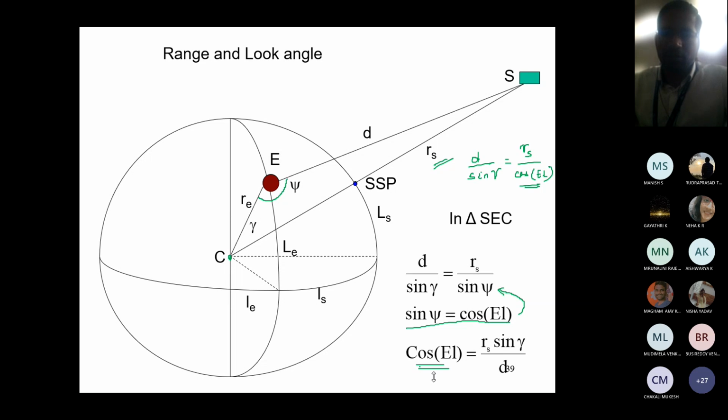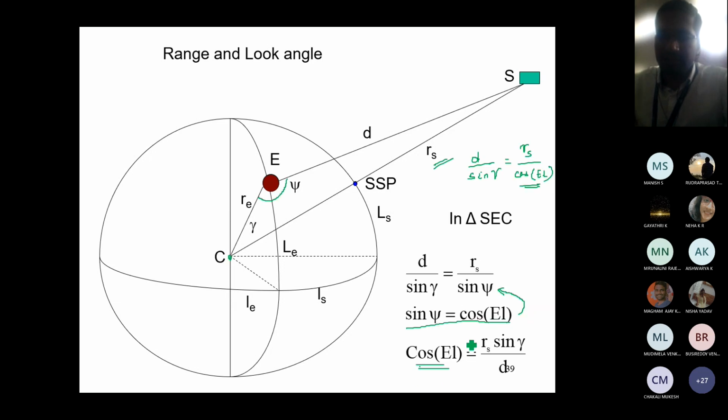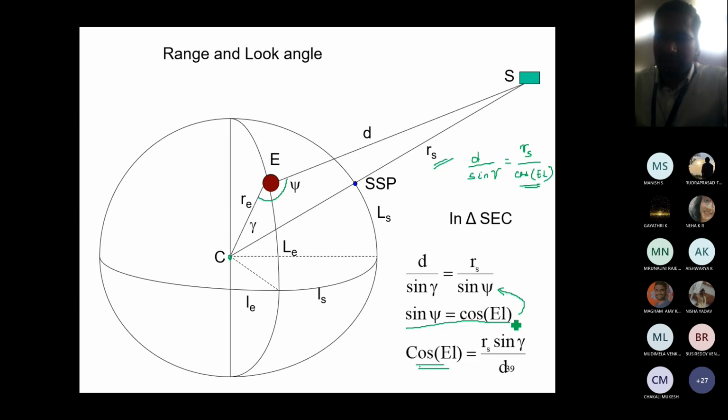All right. Now just go back to the previous page and let us find out, because we have to find out what is Rs by d. See here, in this slide also I can write, it is Rs multiplied by sine gamma divided by d.